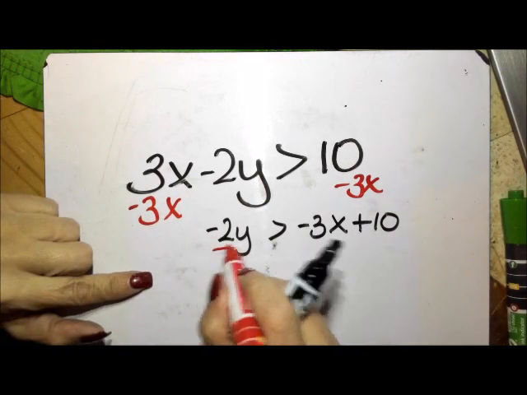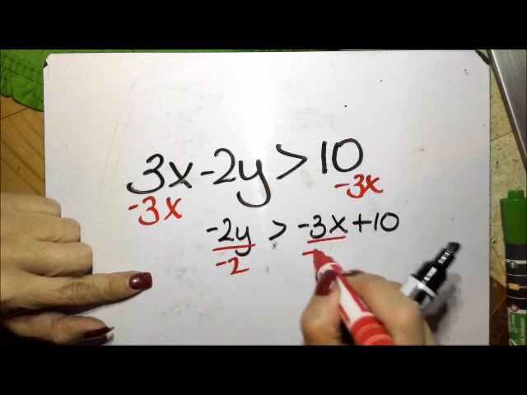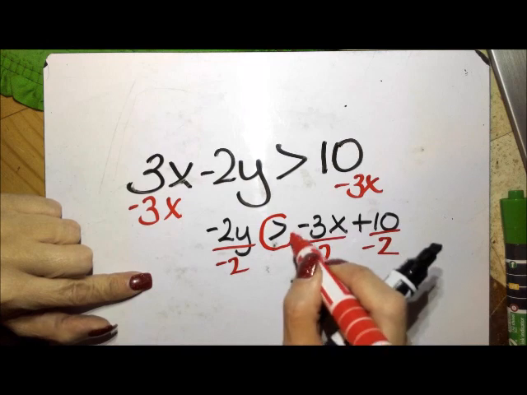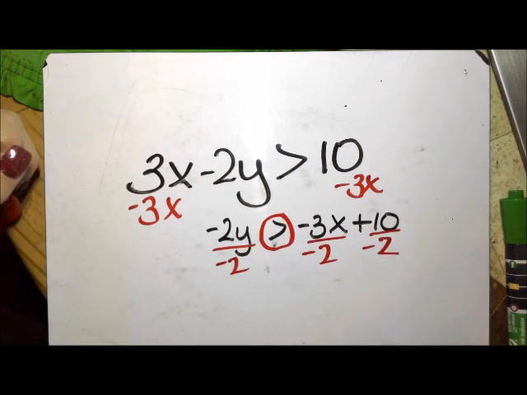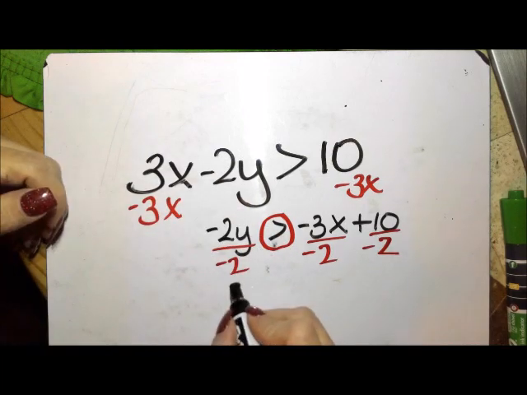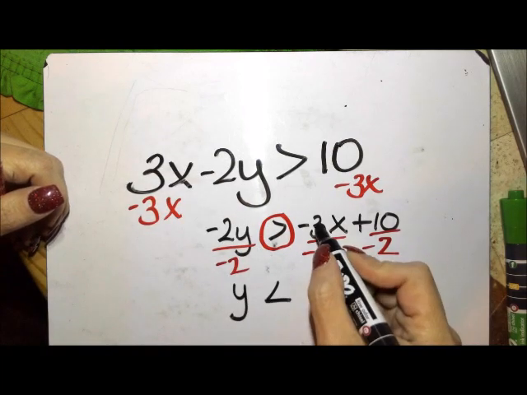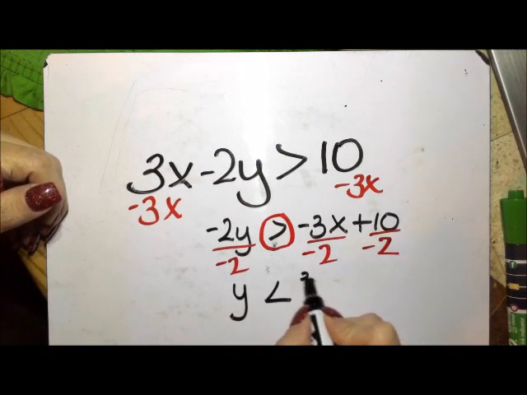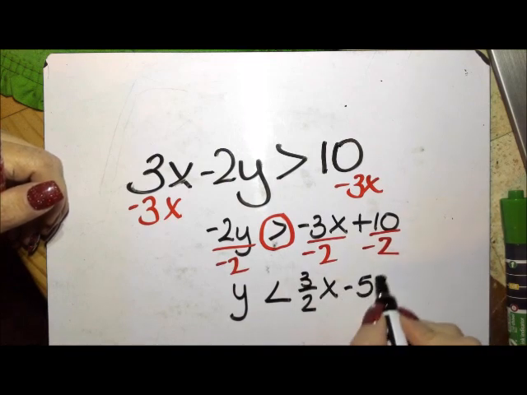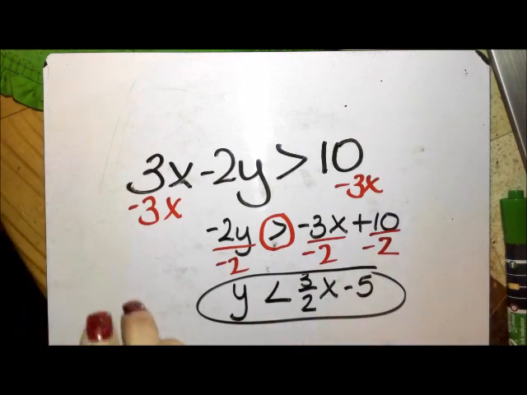But when I divide by the negative 2, whenever you have an inequality and you divide by a negative, remember you have to flip the sign. Okay? So remember you flip the sign. On this one, I would get y, flip the sign. Negative over a negative would actually be a positive 3 over 2x. 10 divided by negative 2 would be negative 5. And then I would graph that.